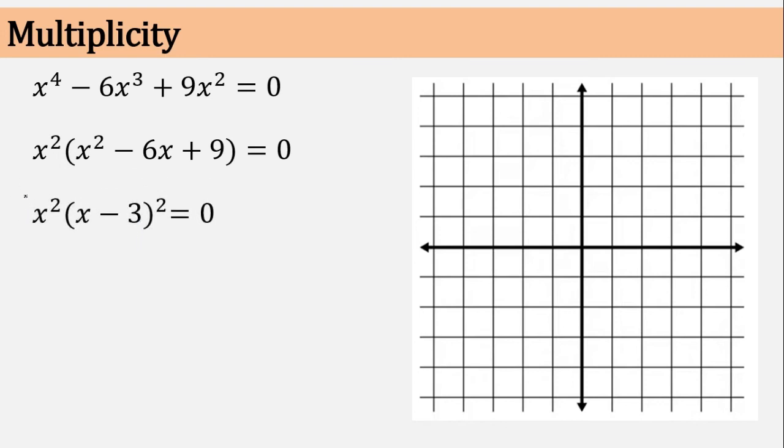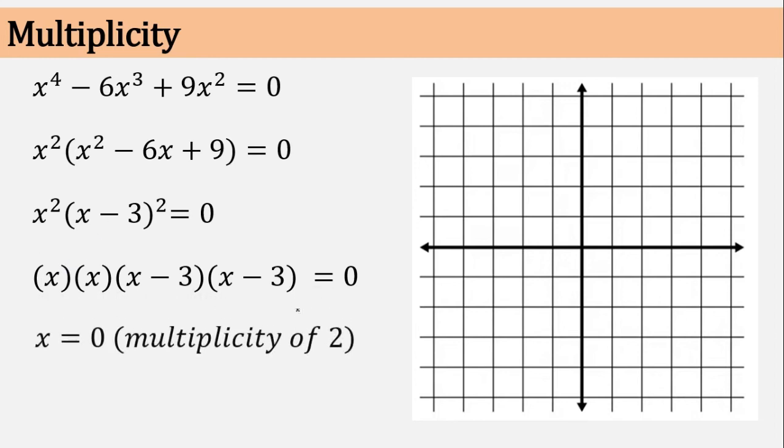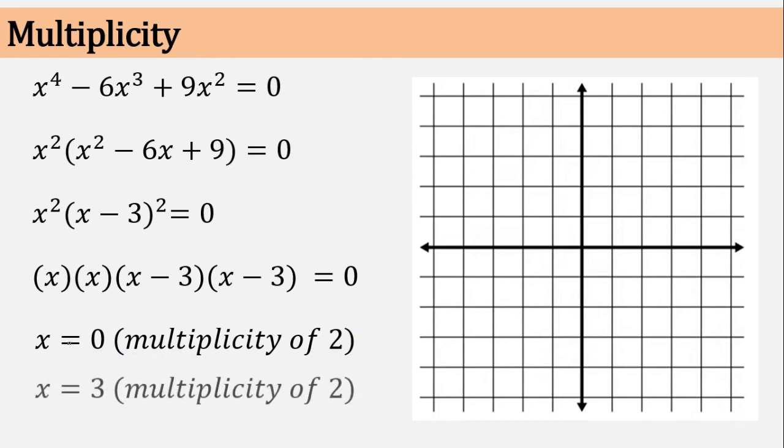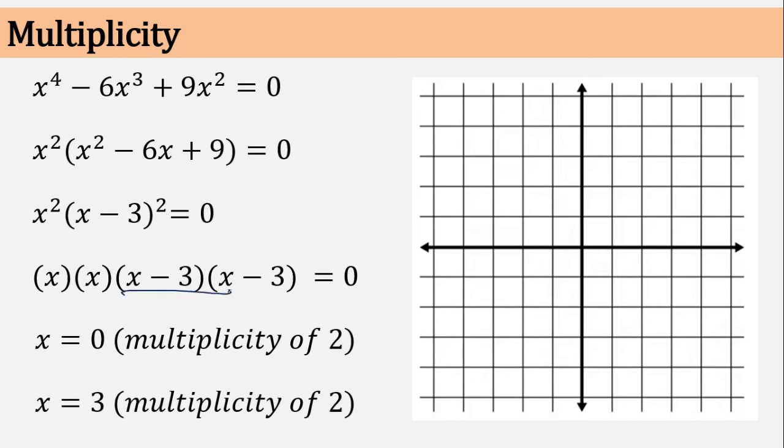The value of x here is 0, so x is equal to 0 with multiplicity of 2 because it appears twice. On the other hand, the value of x here is positive 3 with multiplicity of 2.